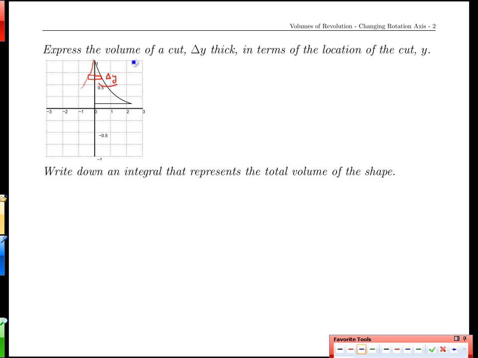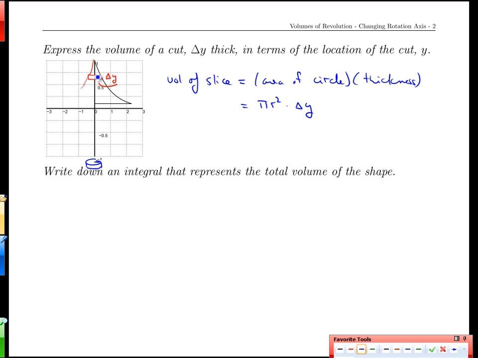Okay, so how do we get a volume of that slice? Same as before, the slice is going to look like a cylinder. If we look at it on end, it's going to be a thin cylinder like this. We need to know the radius. So it'll be the area of the circle times the thickness, and the area will be pi times its radius squared. The thickness will be delta y.